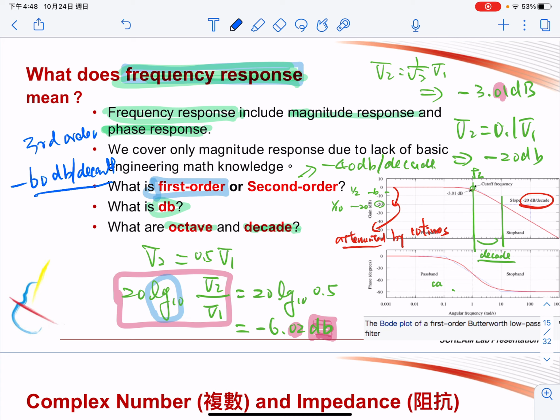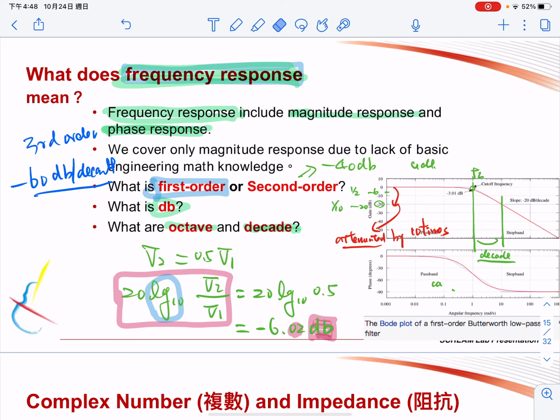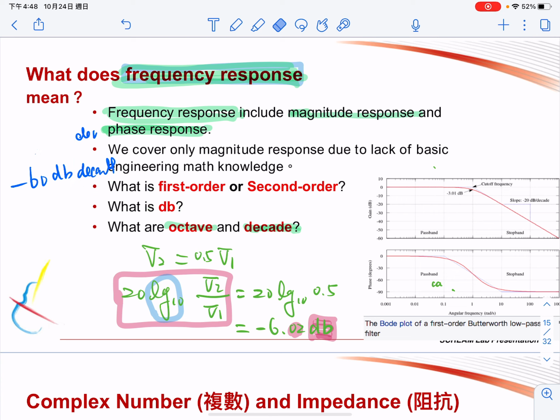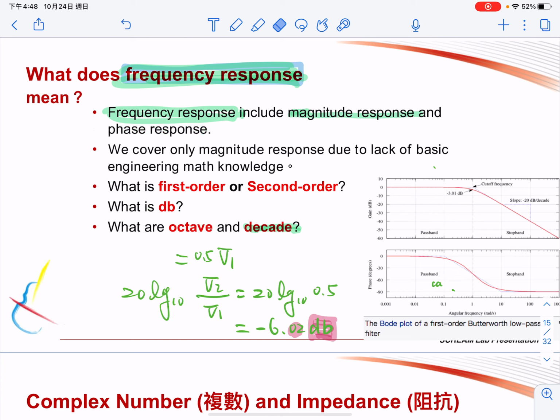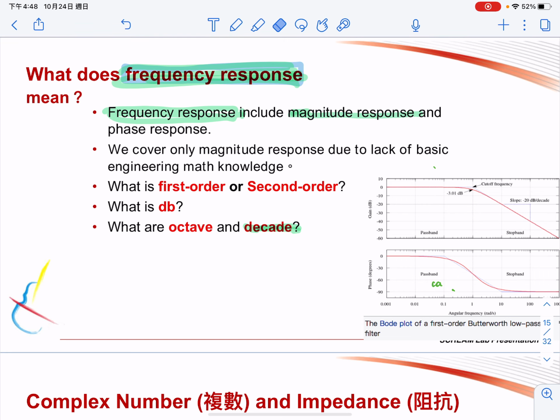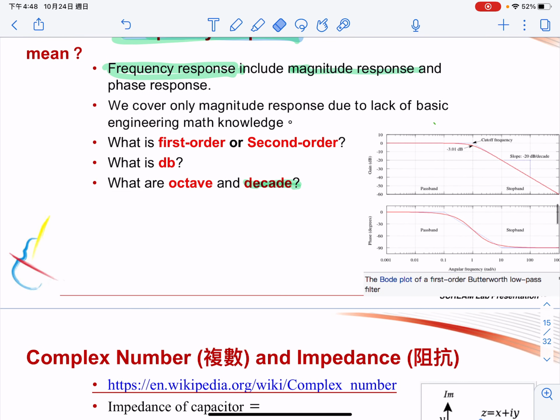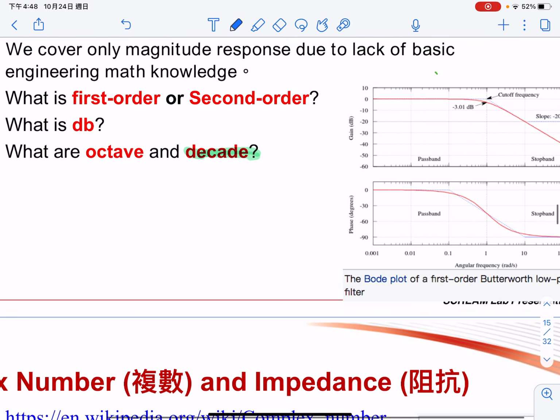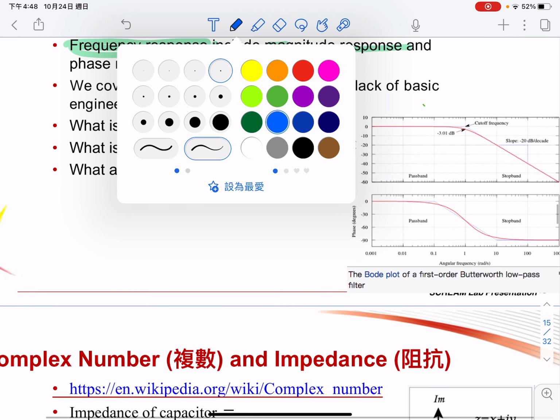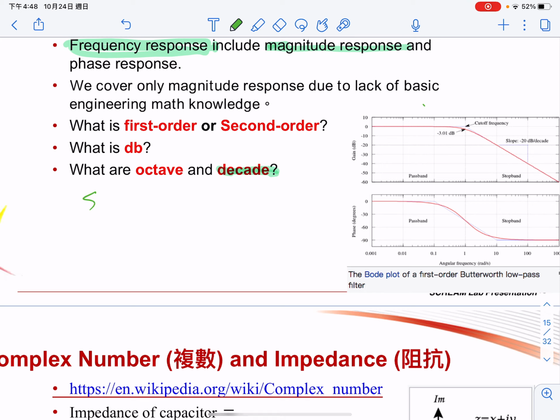But what about the phase response? Okay, let me explain what the phase response is. For the phase response, we have to say that it is referred to sine omega t.